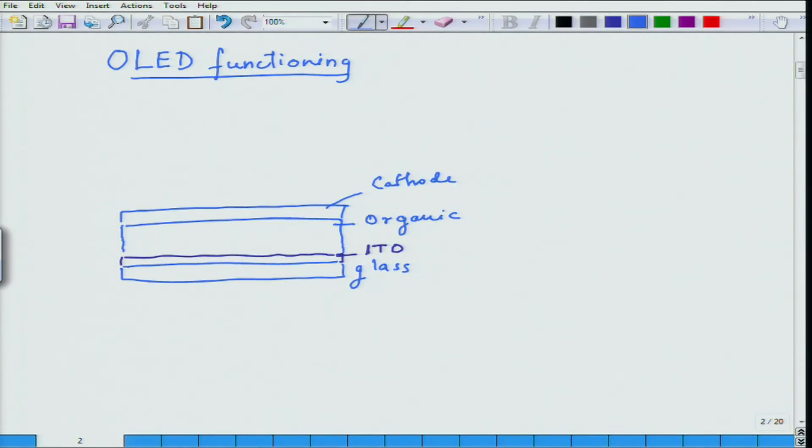And this particular device then we will connect to a power source and apply forward bias to this device.